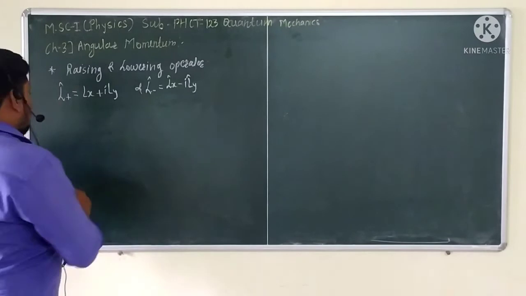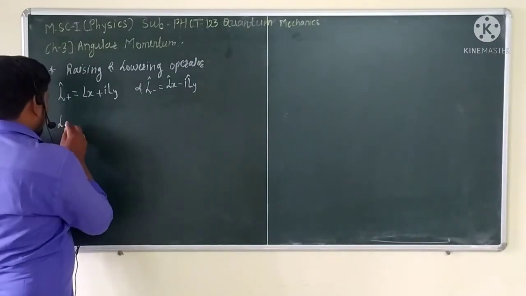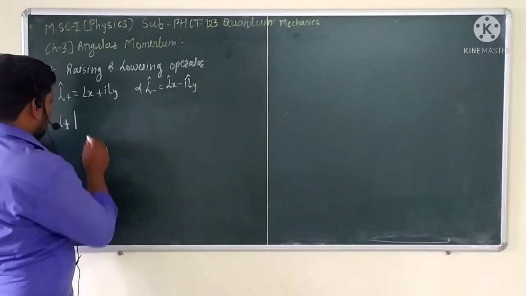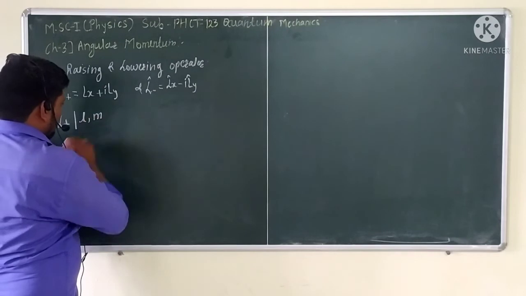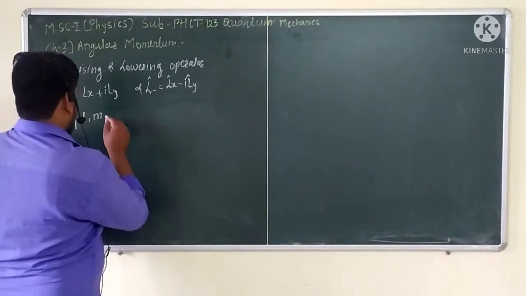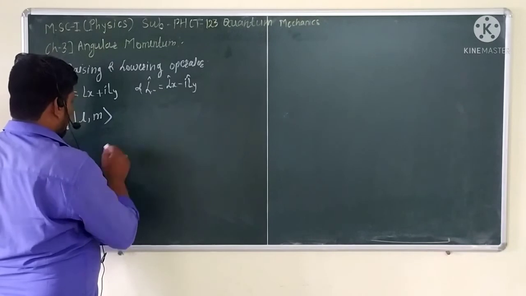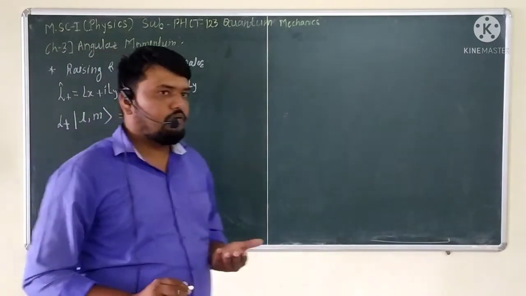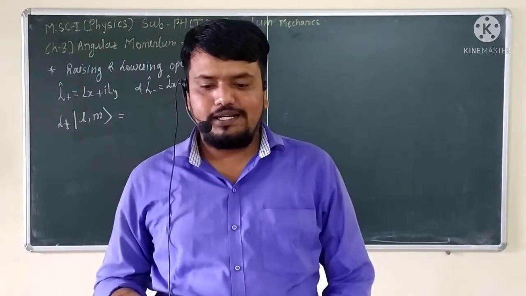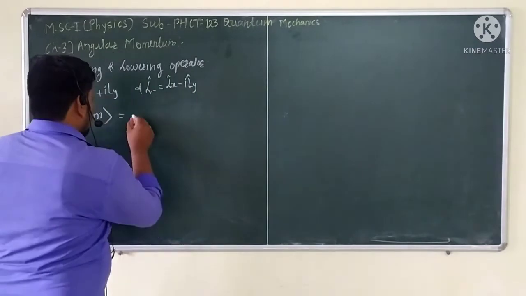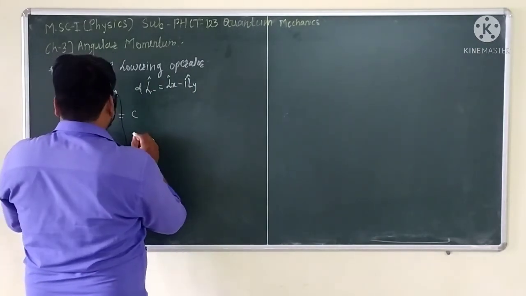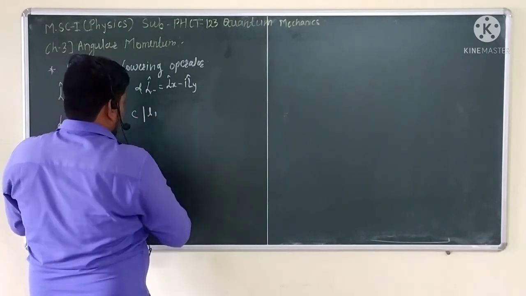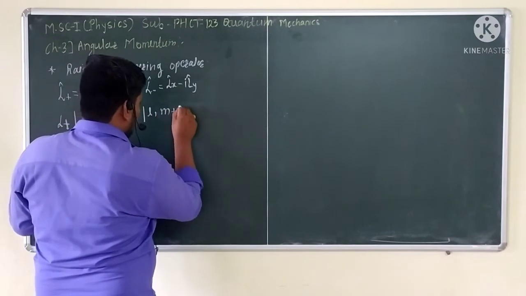So the L plus operator operates on the orbital angular momentum L and the spin orientation m, so the ket L comma m gives some constant c times the ket L comma m plus 1.